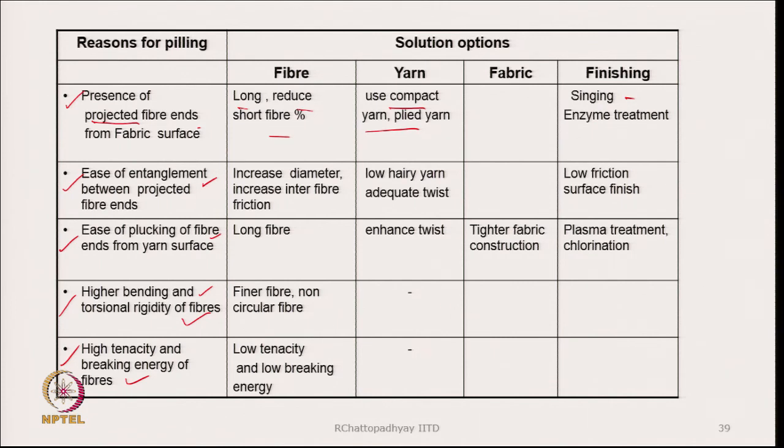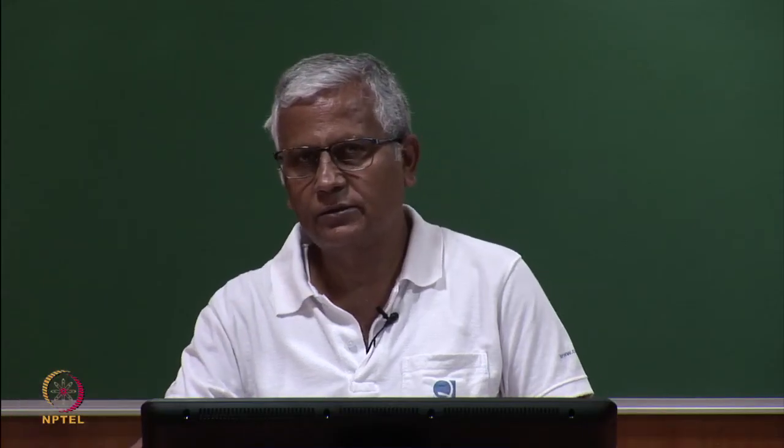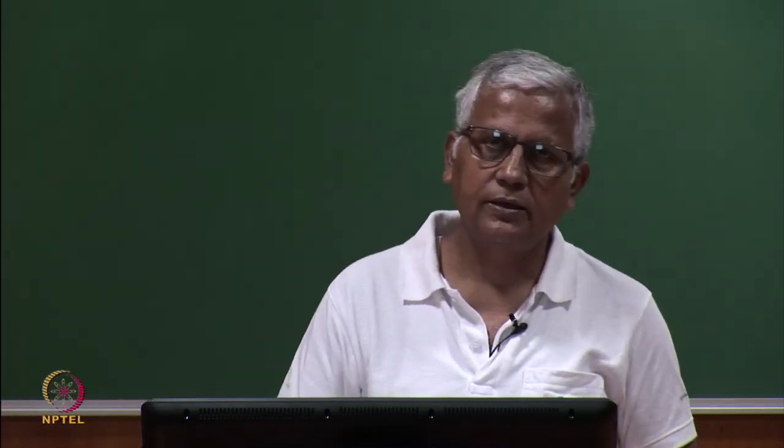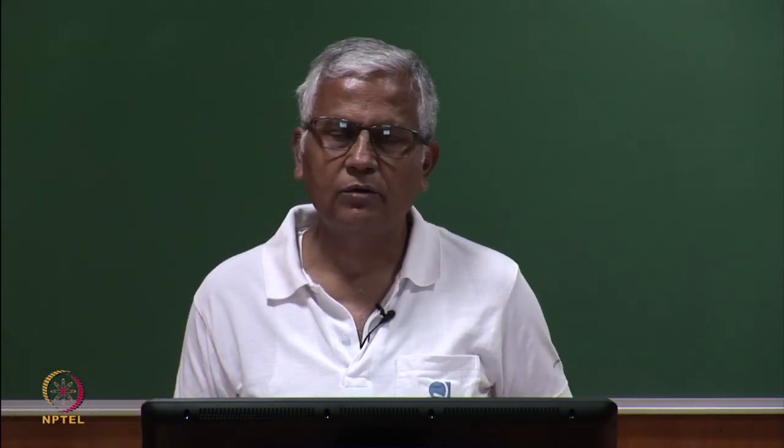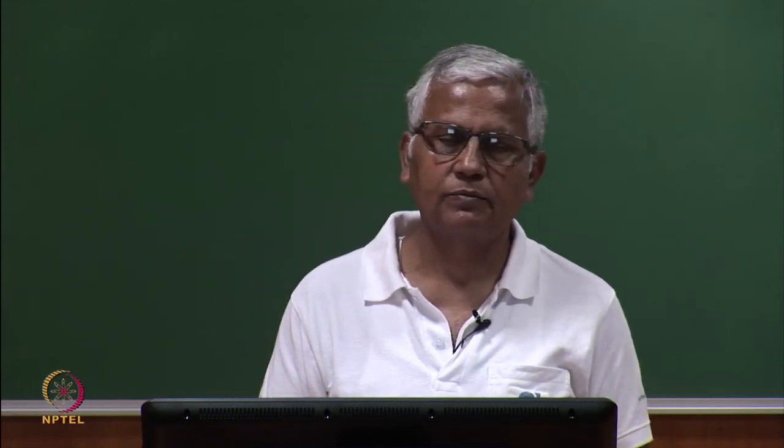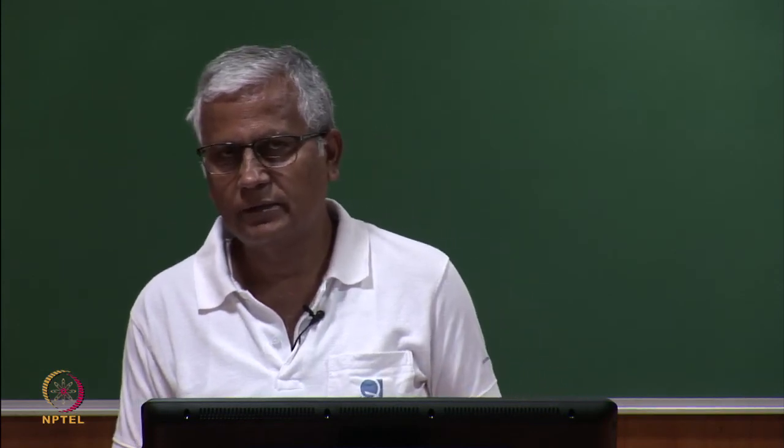So, we can think of making a table like this, and from this table we can find out what are the reasons for a particular performance related parameter of the fabric, or maybe for the design products also, because whatever we see in the fabric, the same thing is also visible in the design products, which could be a garment many times, or in some situations it may not be a garment, but there are a lot of technical uses of textile products also, where it is not a garment.